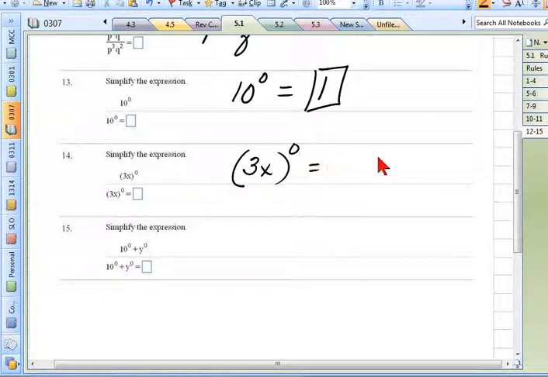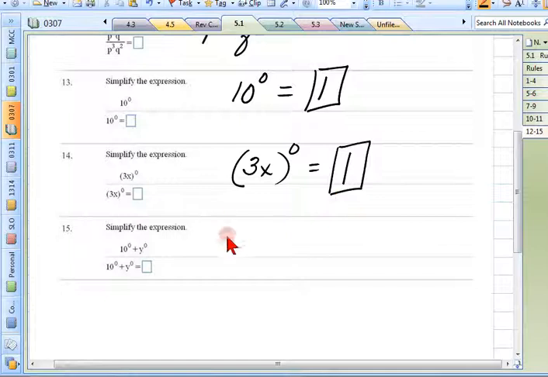That's equal to 1. Any base to the 0 power is 1, except for 0. I'm sorry. If you had 0 to the 0 power, it's considered undefined. We won't throw that at you, but it has an undefined value, I should say it that way.